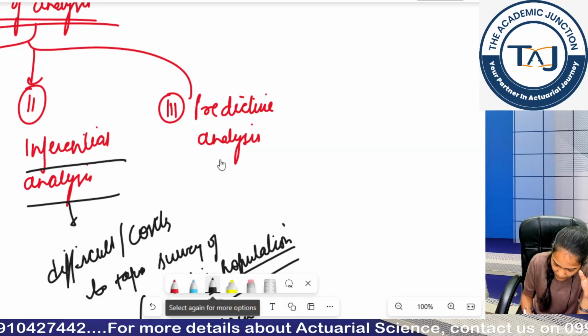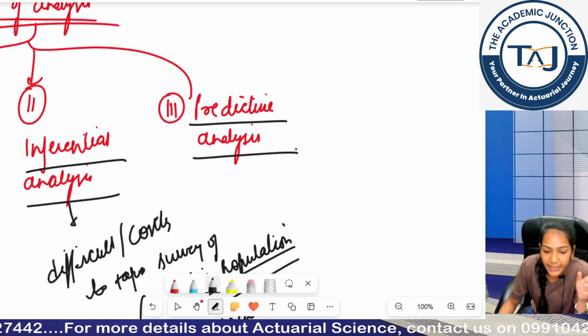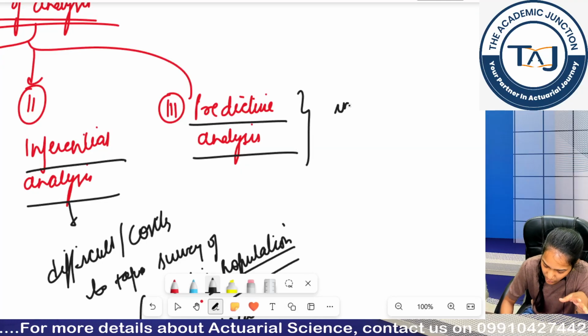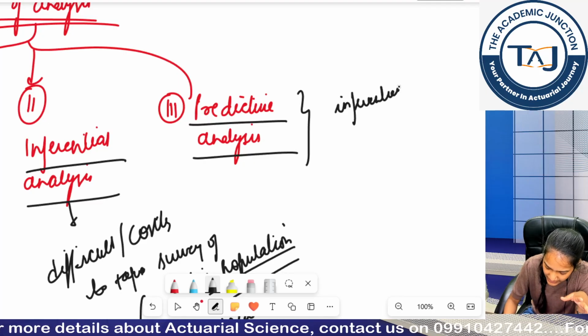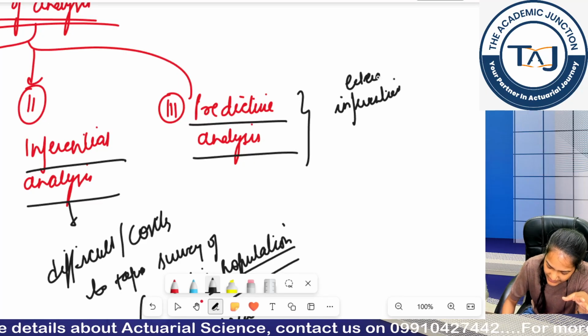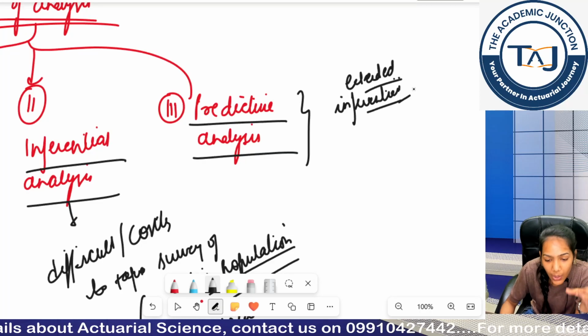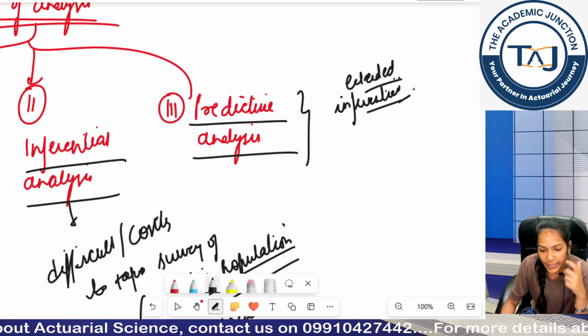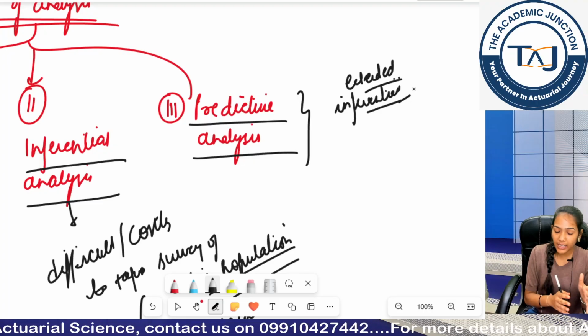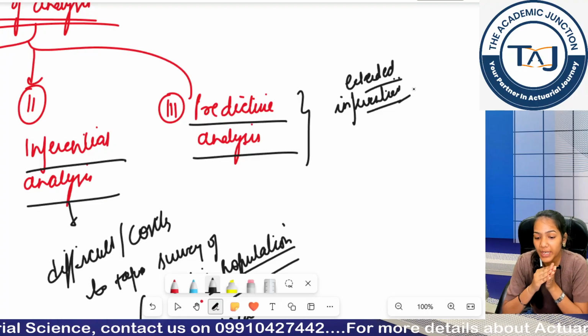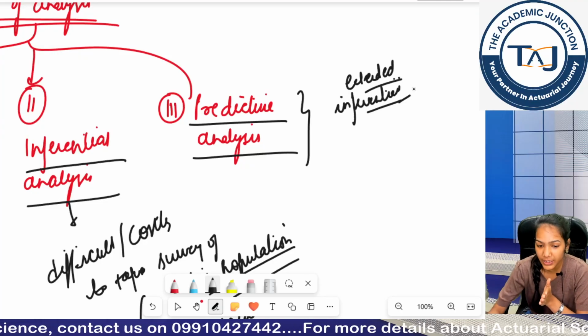Now my third is predictive analysis. This is similar to inferential analysis, just an extended version. It is extended in that here you use past data to make predictions regarding future events.